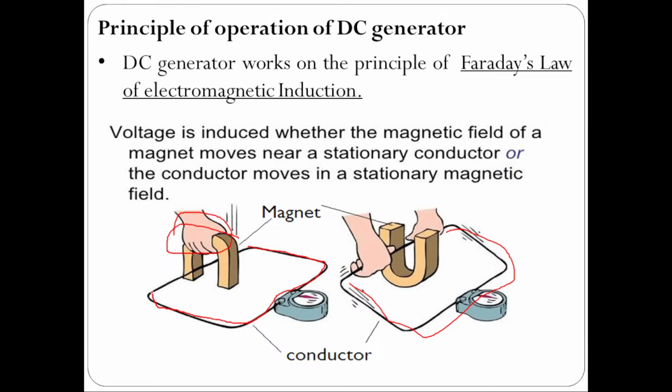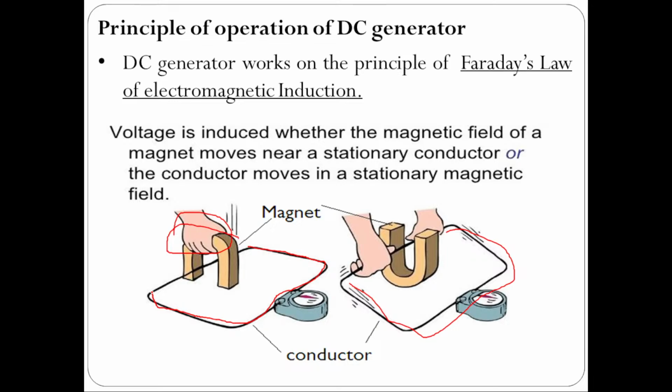The flux that is induced in this coil conductor is in this form, and it is in opposition to the magnet's flux. Both are in opposition to each other.